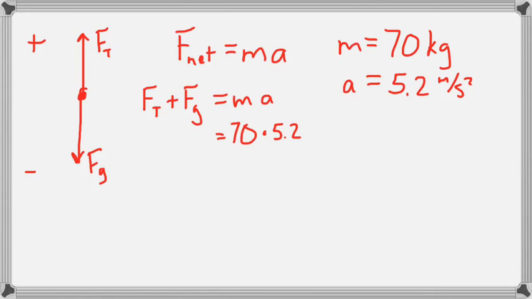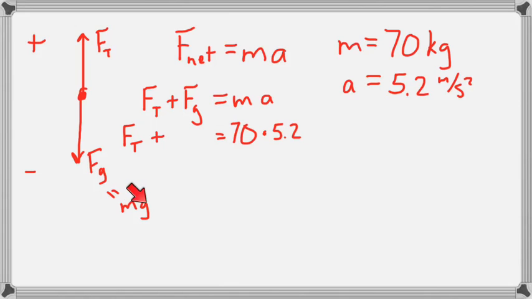On the left-hand side, I have my tension force, which I don't know. I'm being asked to find that out. And then I add to that the force due to gravity. Well, the force due to gravity is always equal to the mass times the acceleration due to gravity, g.